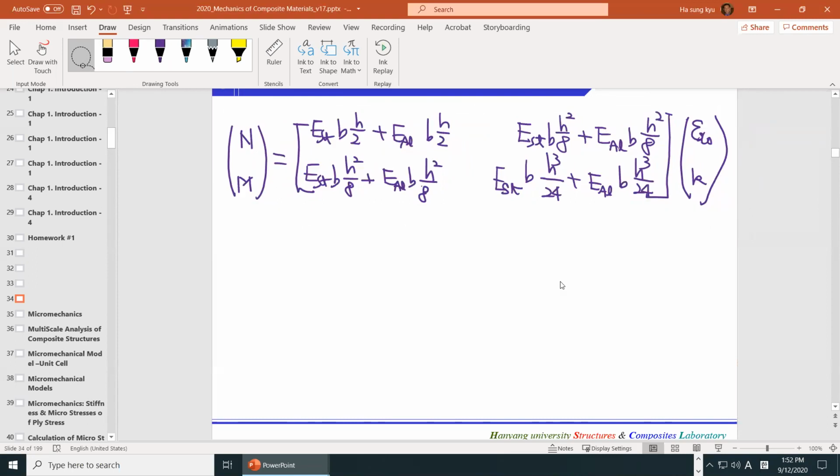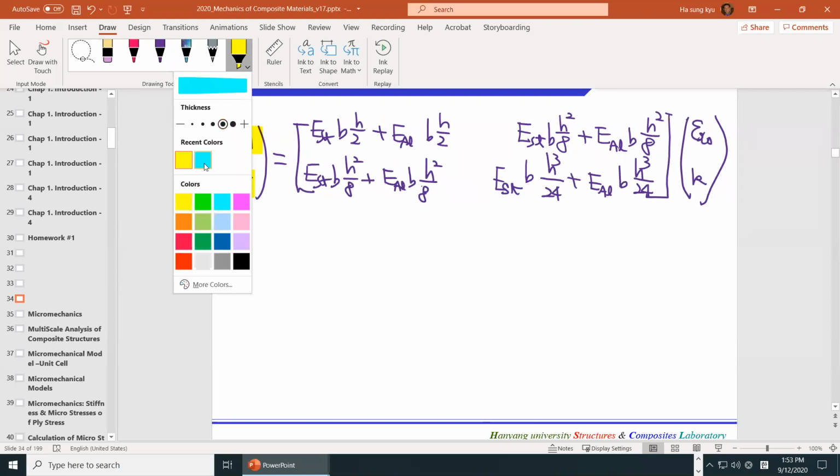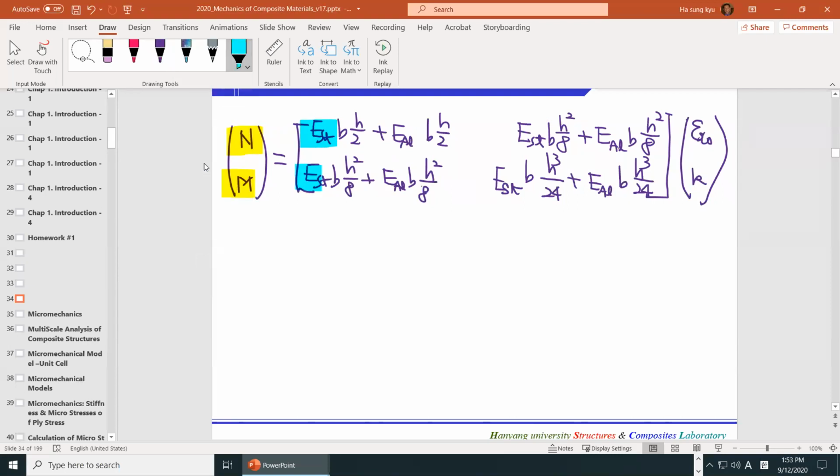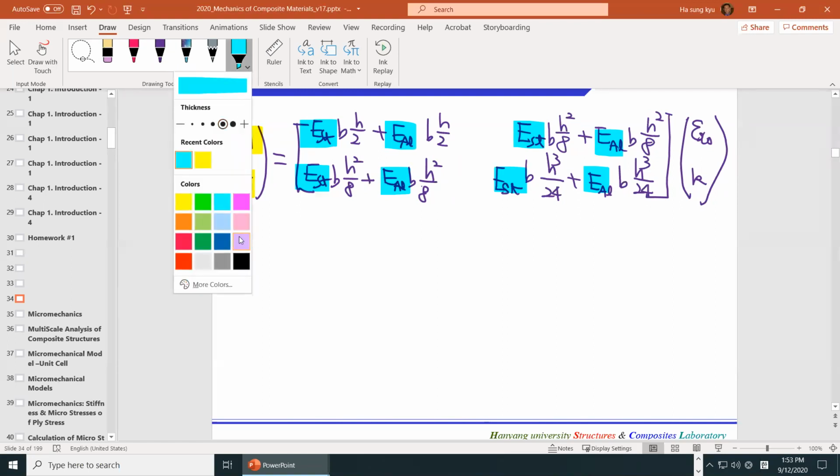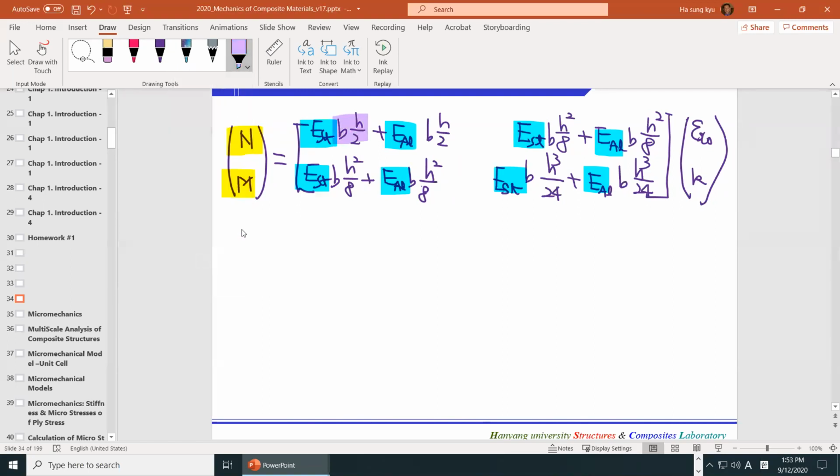Okay, so as you can see, these are given. These are given, and all the material property. Okay, material property is this guy. These are material property. And the last known value is the geometry.